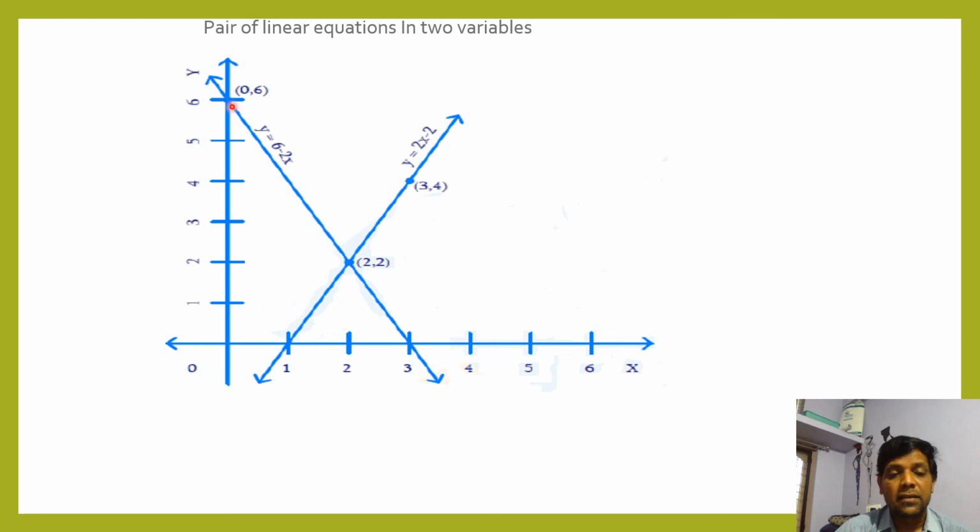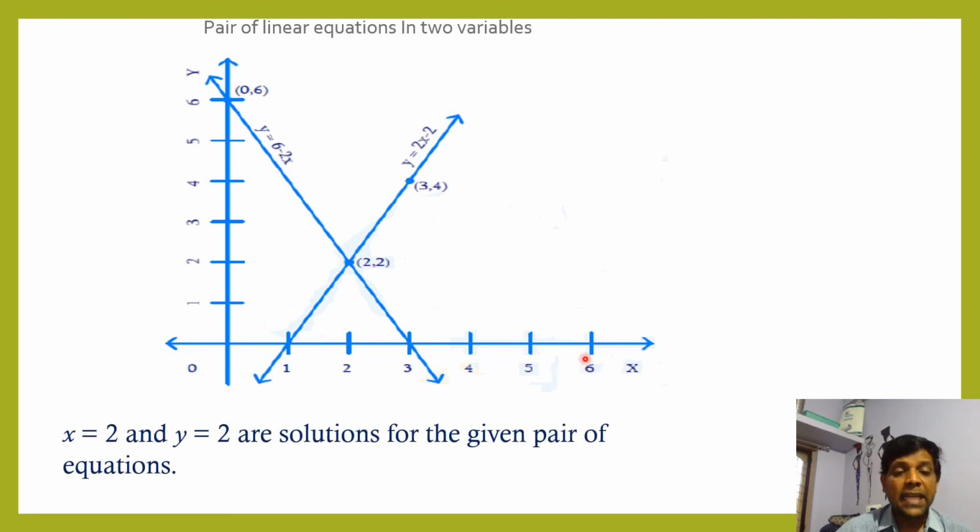Join these points and we get intersecting lines. These two meet at a common point, 2 comma 2. Clear?